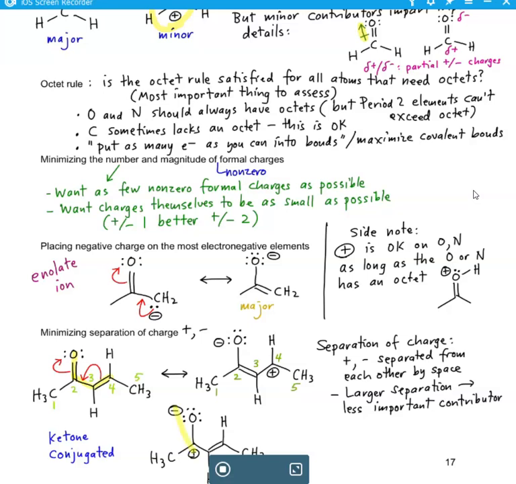This structure also has a separation of charge, but it's a smaller separation of charge than the one in the structure directly above it and to the right. So this has a small separation of charge, or let's say a smaller separation of charge.